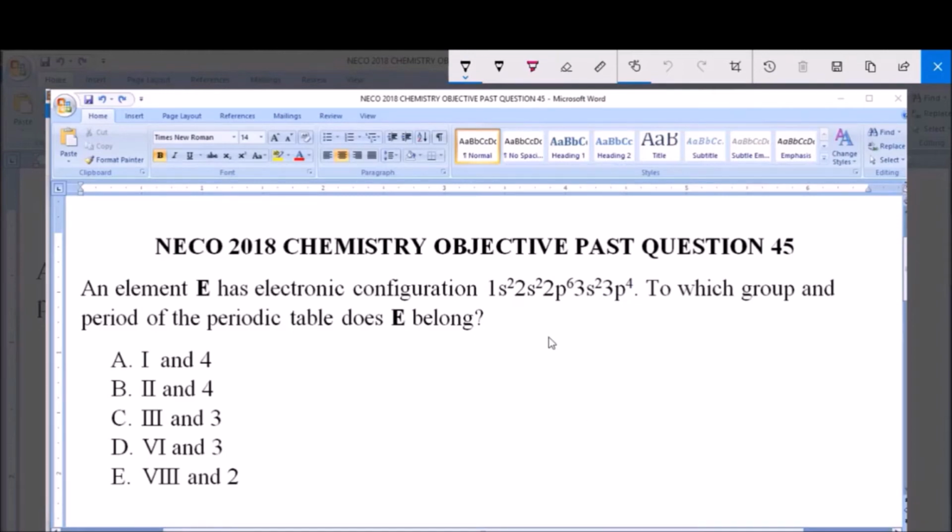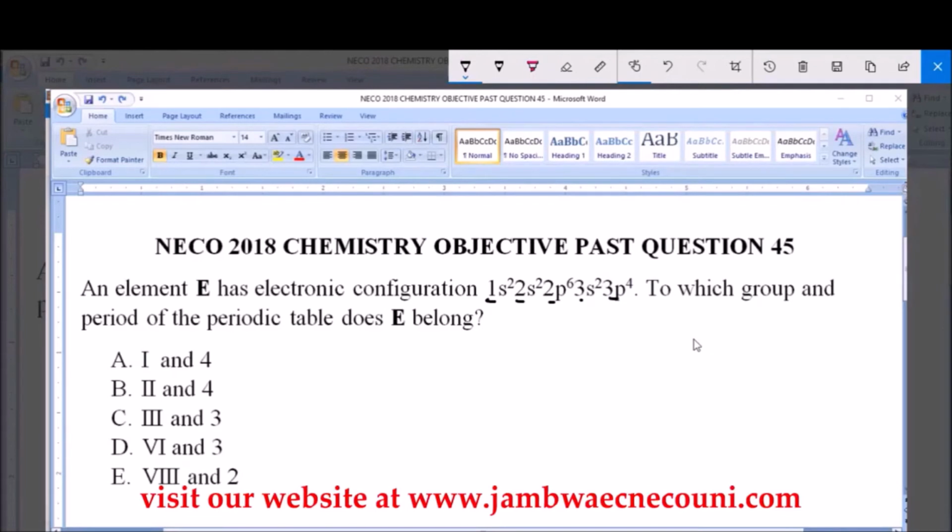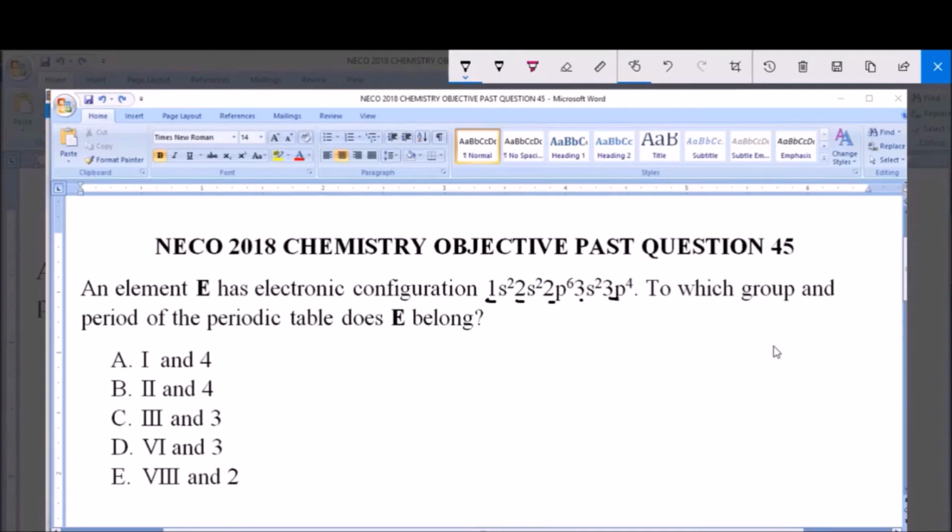Now, like we know, the 1, 2, 3 here represents the energy level of this element, that is, it represents the shell of this element. And the outermost shell of the element represents the period of this element.